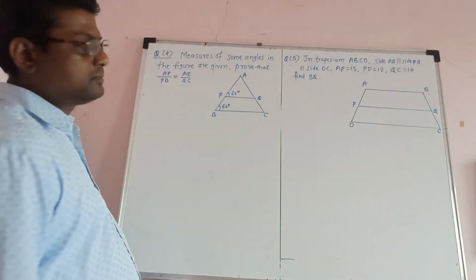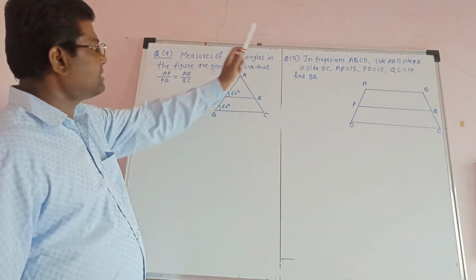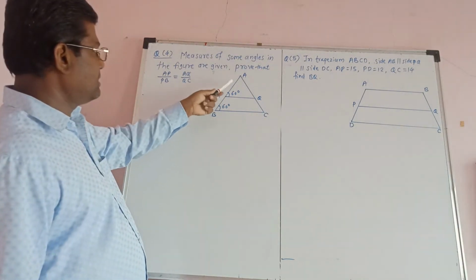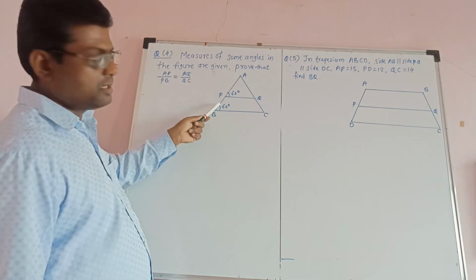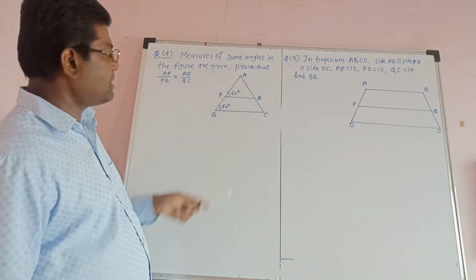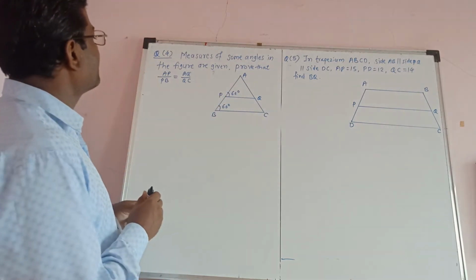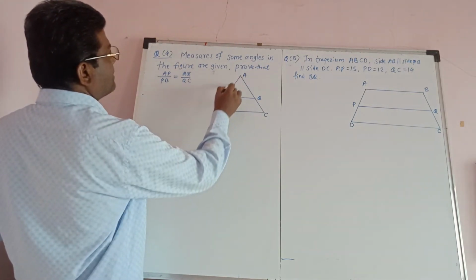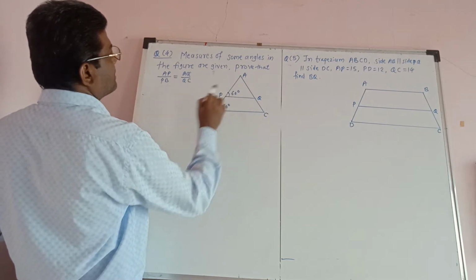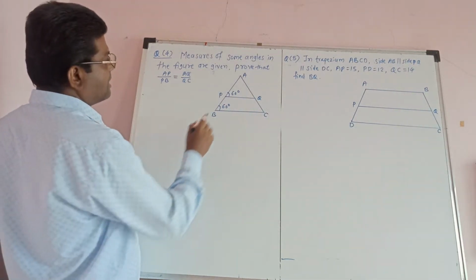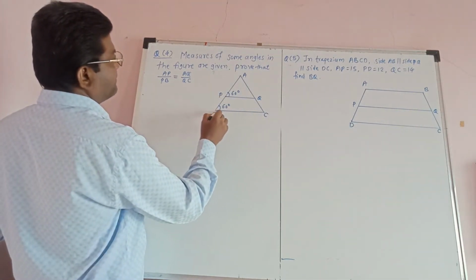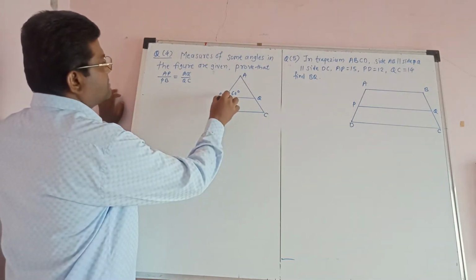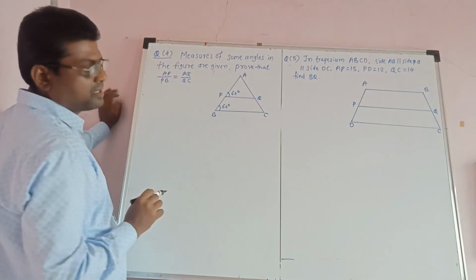Number 4. Measures of some angles in the figure are given. Prove that AP upon PB is equal to AQ upon QC. Now in triangle ABC, angle APQ is given 60 degree, and this angle PBC is given also 60 degree. These two angles are 60 degree.